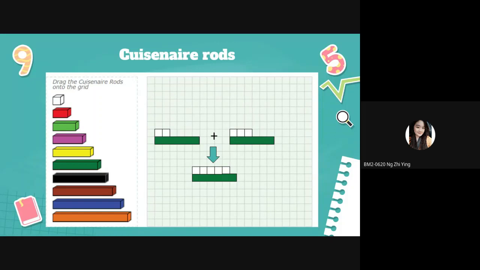After that, we look at the color of the denominators. Both fractions have the same denominator, which is 6. For the same denominators, we can straight away add the fractions. We just combine the upper rods, which is 5 white rods, and we get the answer 5/6. Next.